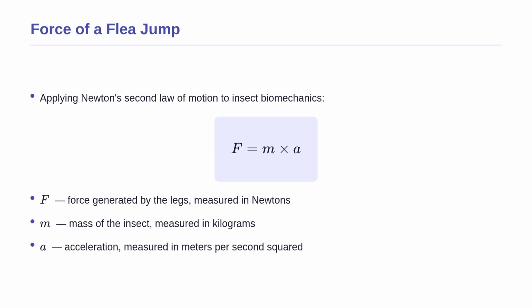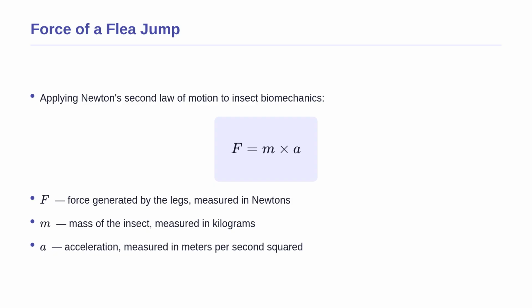To understand exactly how much effort this jump requires, we turn to a fundamental principle of physics, Newton's second law of motion. The formula is F equals m times a. Conceptually, this tells us how much physical push the insect's muscles must generate against the ground to achieve liftoff.